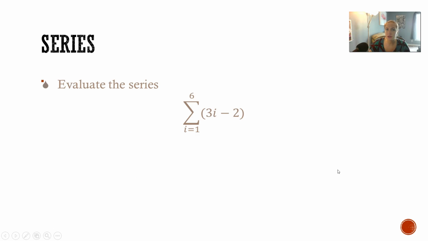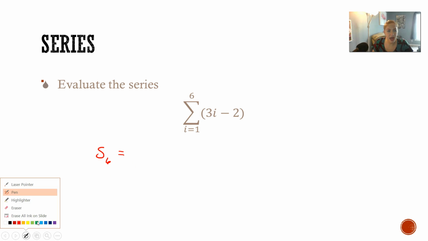Okay, so that might be a little new to you, so we're going to walk through an example. This is a finite sequence. How do I know that it's finite? Well, I see that it starts at 1 and then goes to 6. So we're finding the series S sub 6, which means we're going to find the first 6 terms of this series and then add them together.